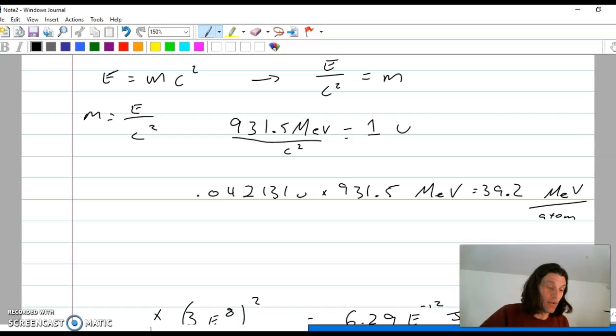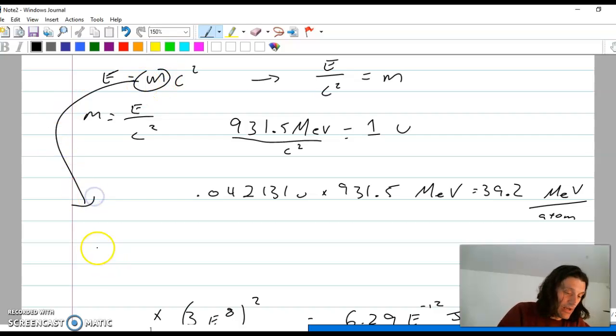Now what I'm going to do is give you a slightly different way to word it. Instead of electron volts, I'm going to go with joules because joules are usually a little more easily visualized. I'm going to take that mass and multiply it by the speed of light squared to get energy in joules. The only thing is that mass needs to be in kgs.